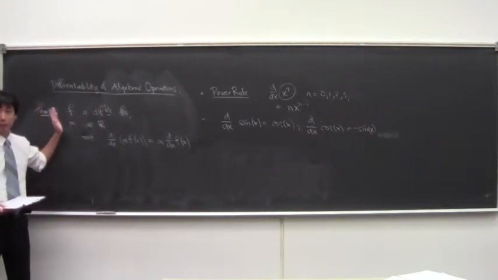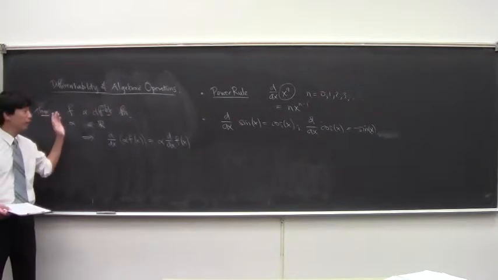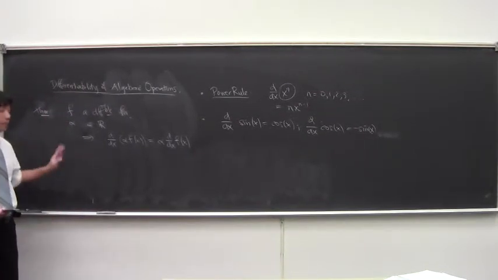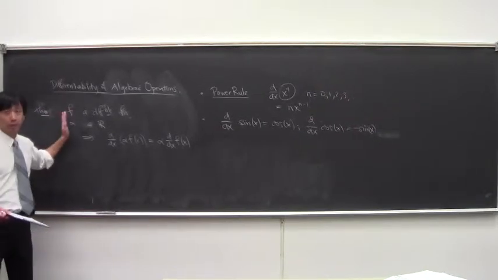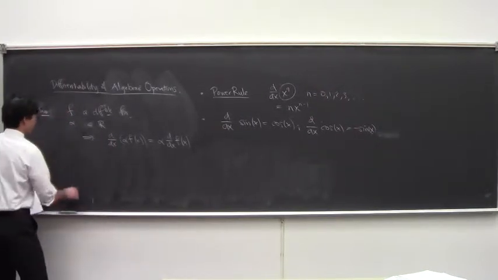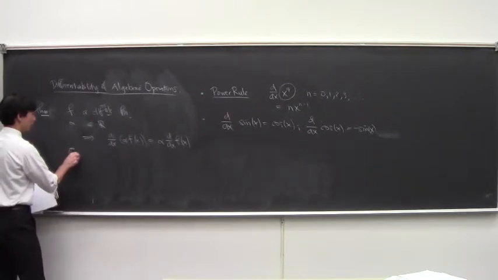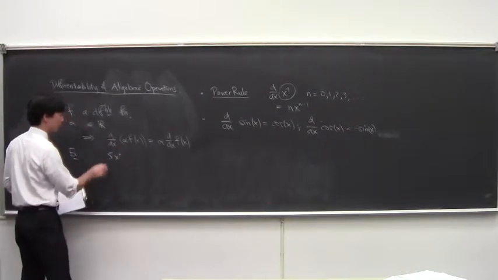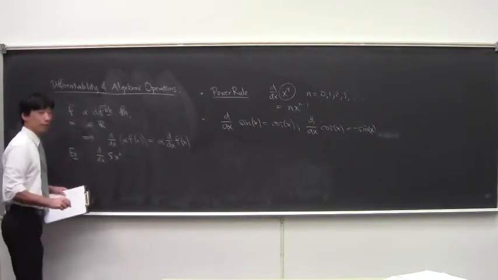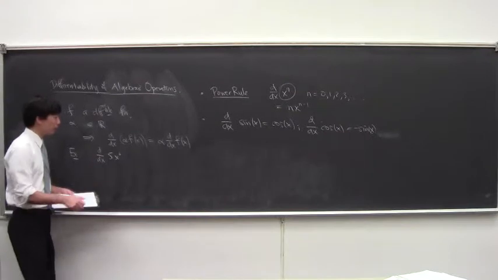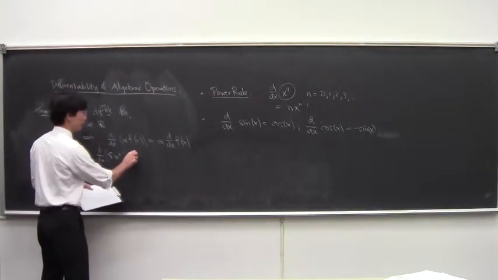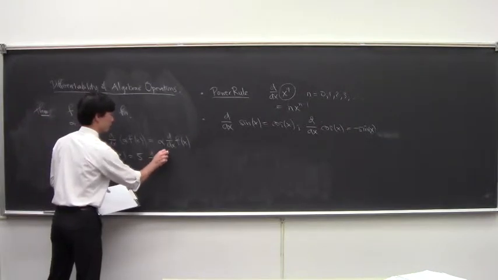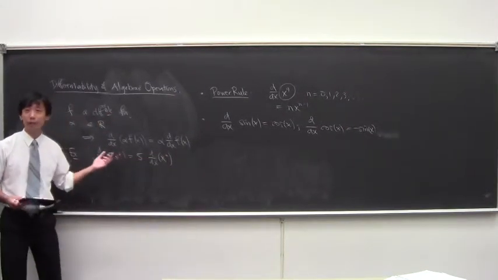Okay, and you've probably seen this in the reading already, but let me just lay things out systematically. So this is like an application, right? If we are looking at 5 x to the 6th, and somebody says you want to differentiate that, what this says is that you can pull the 5 out. You can say, well, I already know how to differentiate x to the 6th, so I'm allowed to pull the 5 out.